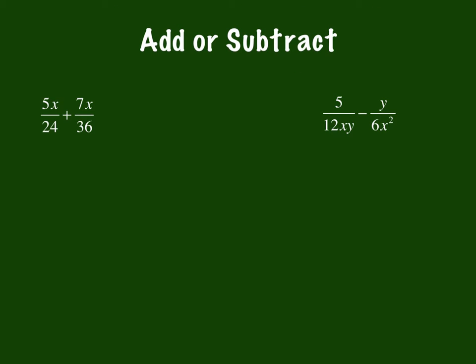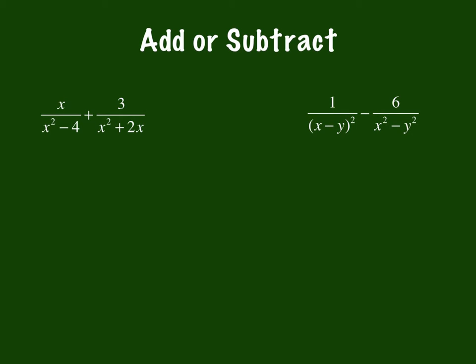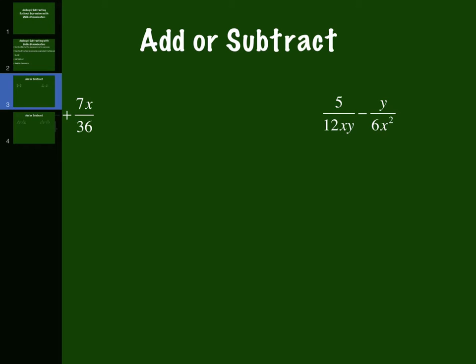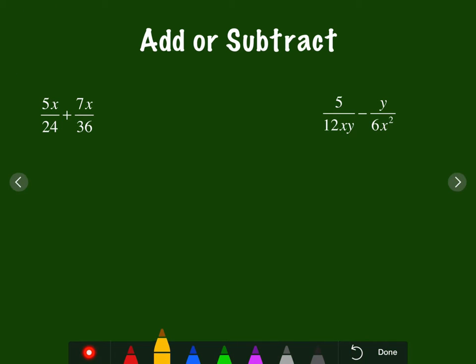Okay, so in this first example, we have 5x over 24 plus 7x over 36. So my least common multiple here of my denominators is 72.